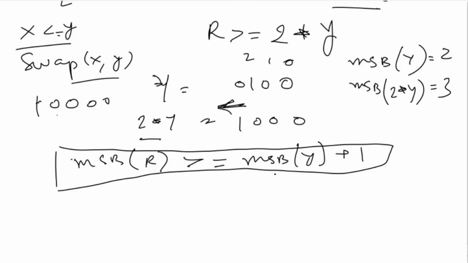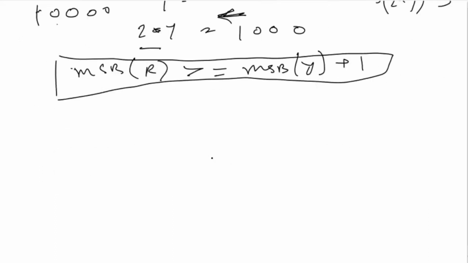Now our y is always greater than x as I have told you, and L is always less than R. Here L is 0, and we have to choose z between L and R such that the product of the ANDs is maximum. So let's construct that z. We'll take this example only.